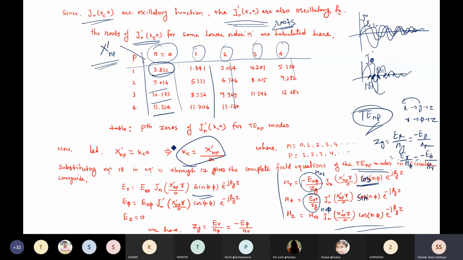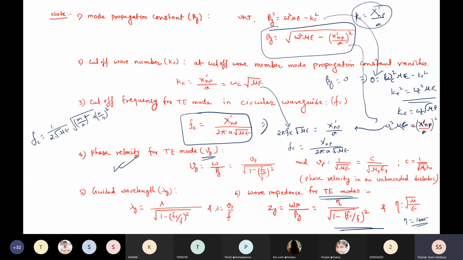For this waveguide, the cutoff frequency is directly a function of Xnp dash, along with the dimension a and the square root of mu epsilon. The material dependence is there, but these terms will be constant for all the modes existing in that particular waveguide.